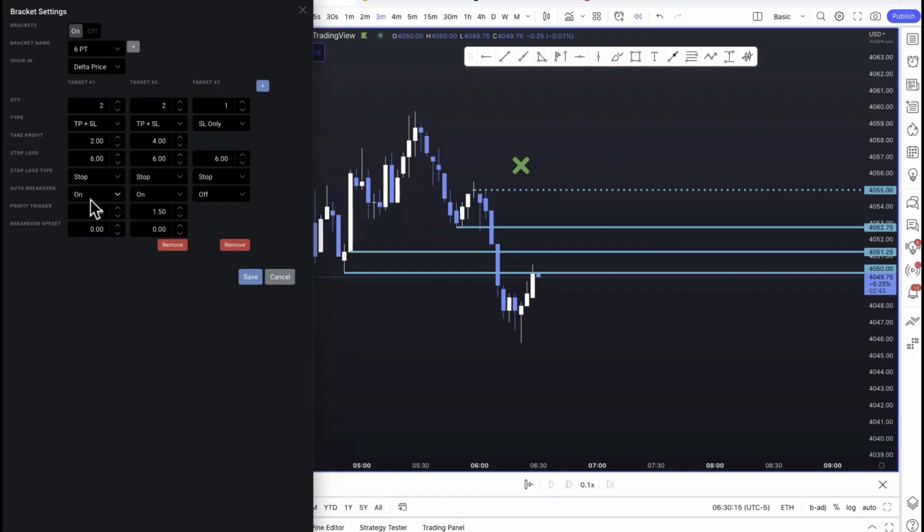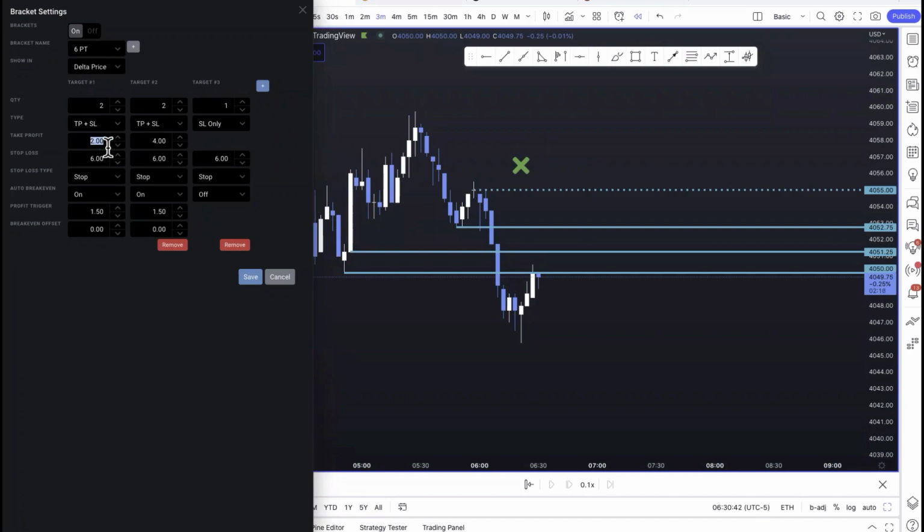But here's something really easy. There's this auto break even, okay? Where I can tell the system, hey, when I'm in the profit 1.5 points, move my stop to 0. So instead of my stop being at 6 points, if my profit gets 1.5 points, lock me in at break even, but take my profit at 2 points.